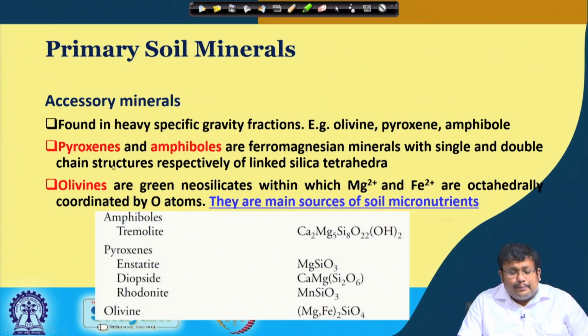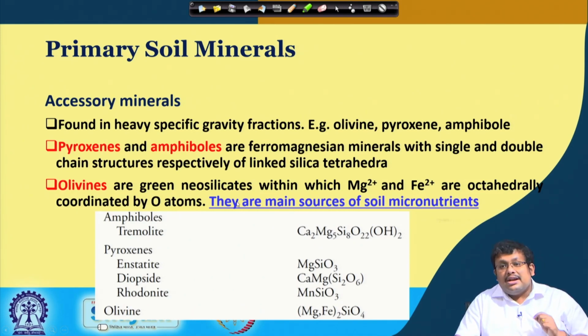So, they represent the inosilicates, which show single or double chains of tetrahedra. Now, olivine, as you know, is a nesosilicate. It is a green nesosilicate within which the magnesium and iron, since they are ferromagnesian minerals, are octahedrally coordinated by oxygen atoms.